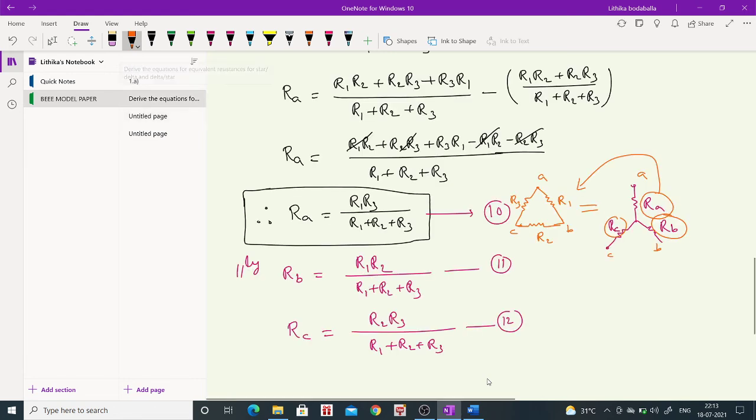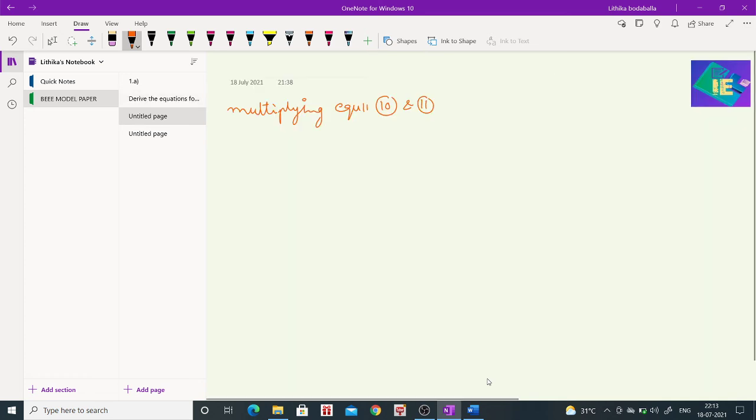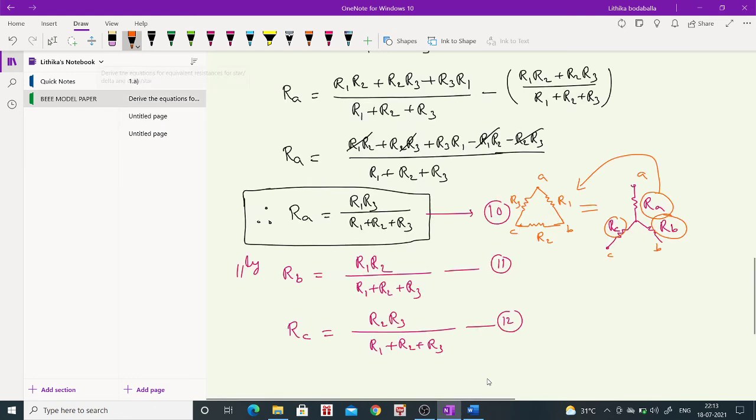What is equation 10? Equation 10 is RA is equal to R1 R3 by R1 plus R2 plus R3. What is equation 11? RB. If I multiply these two, what I will get is RA RB is equal to, as you multiply the left hand side, the right hand side also you multiply. So R1 into R1, R1 square, R2 into R3, divided by R1 plus R2 plus R3 multiplied by R1 plus R2 plus R3.